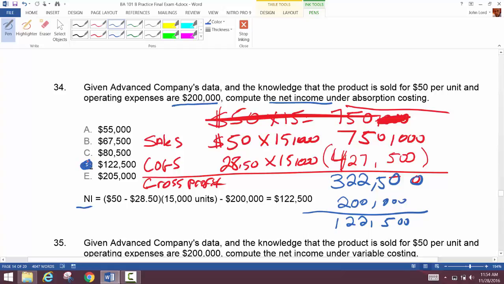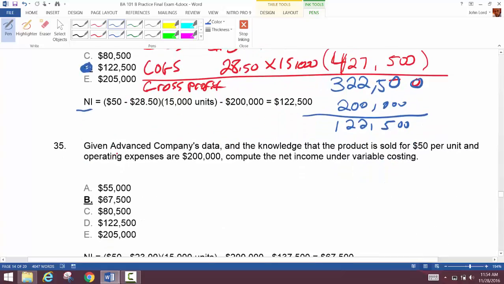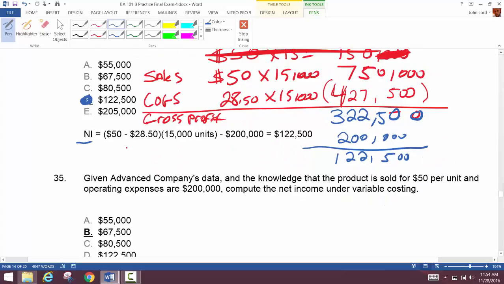Let's do it for variable costing, which is what's right here, right? Okay. I'm going to do it both ways. First, I'm going to do it the long way. Long way is going to be what? Sales is still what? 750,000?